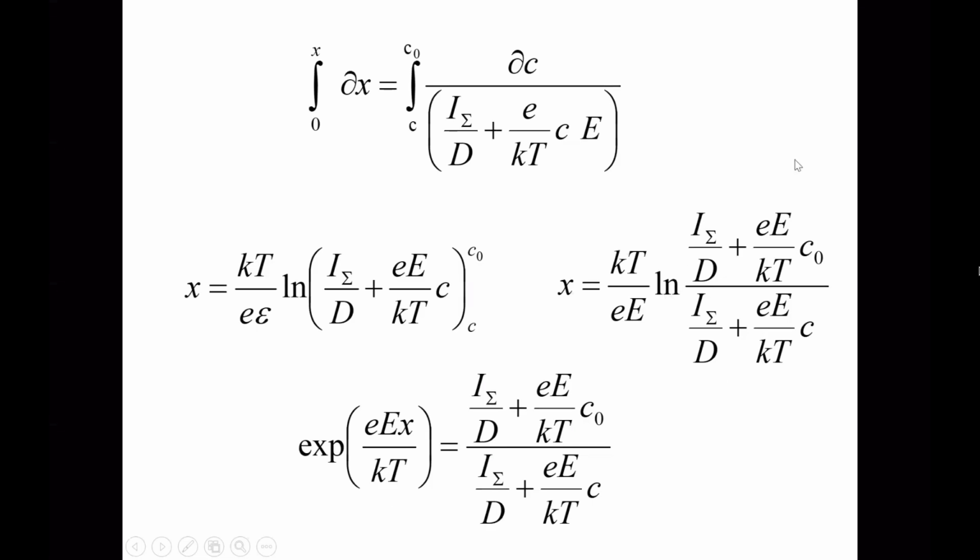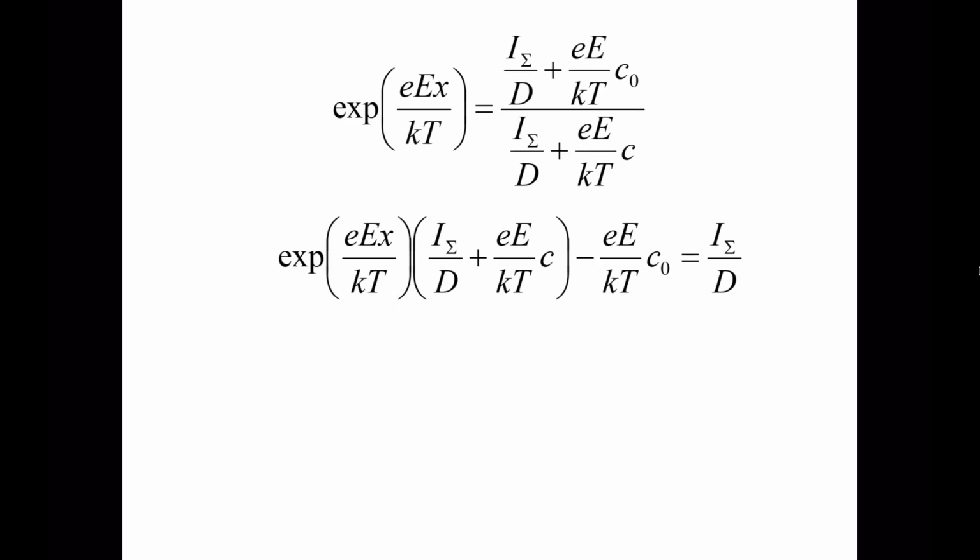This one is here, and this is the exponent, and this one can be written as the exponent because this is a natural logarithm. So to get this one, we have to calculate the exponent of this one. So we have it.